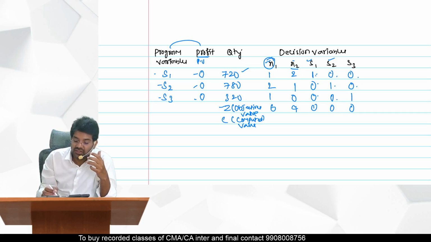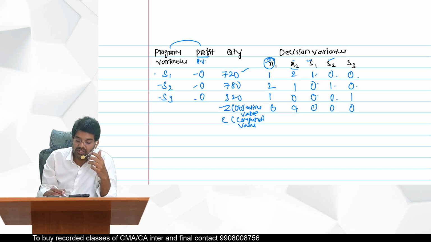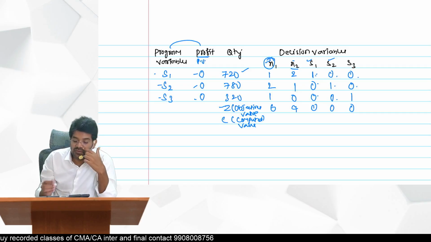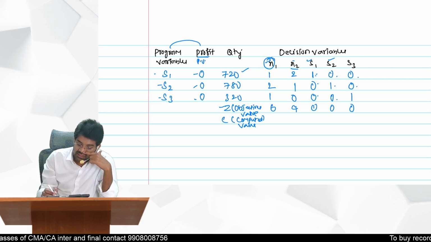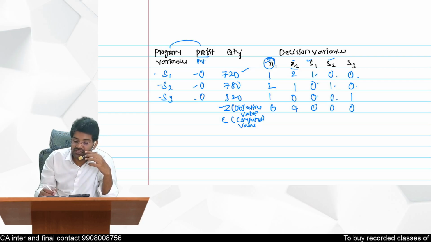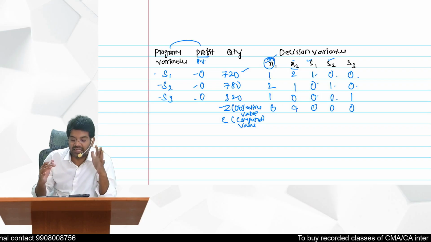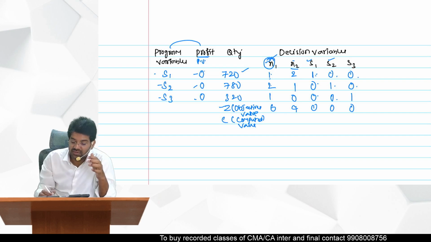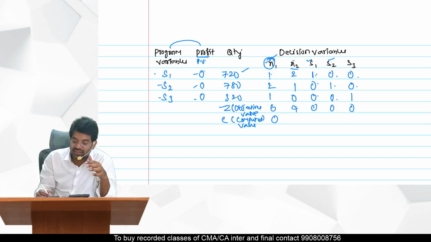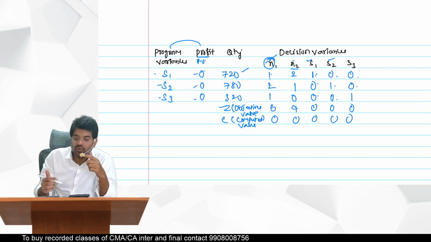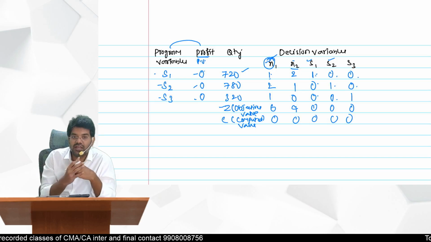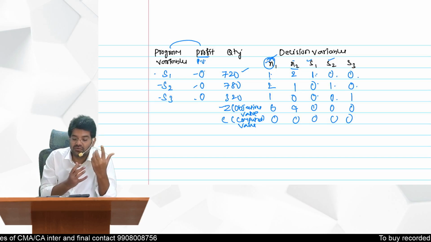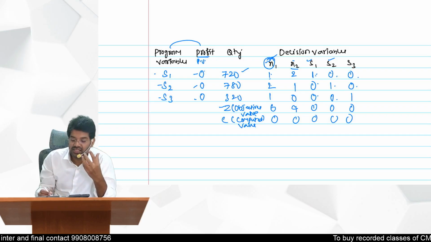To calculate it, you multiply these units with the profit per unit column. That is called the computed value. So 0 into 1 plus 0 into 2 plus 0 into 1, if you add all this, it will be 0, because you have 0, 0 here and everything will be 0. That means if you introduce 1 unit of x1, the value will be 0.